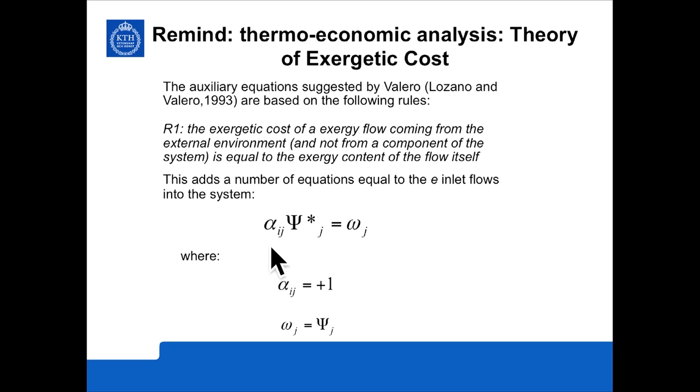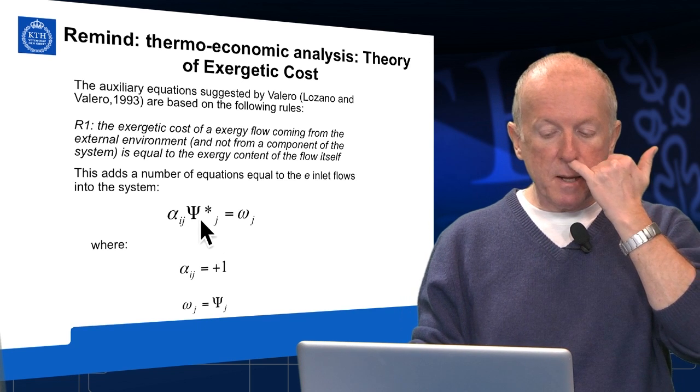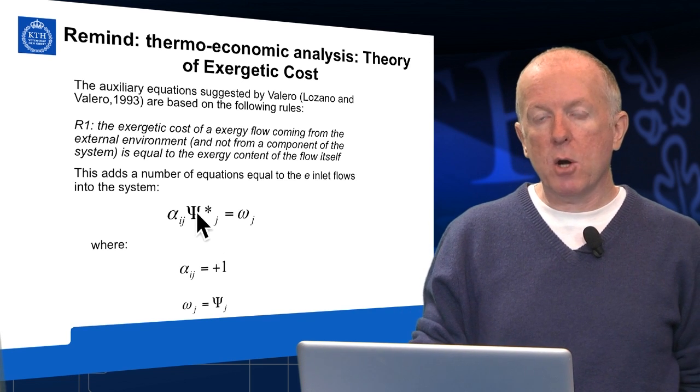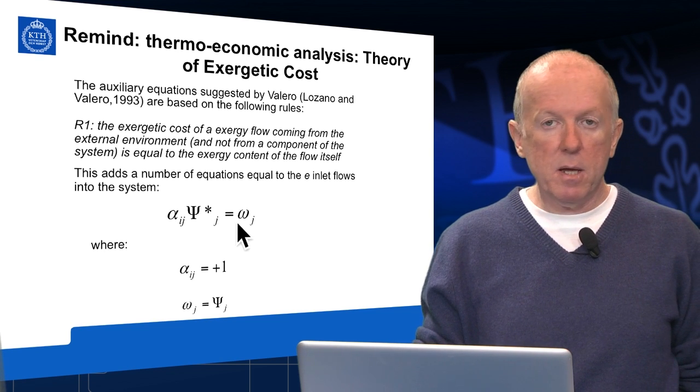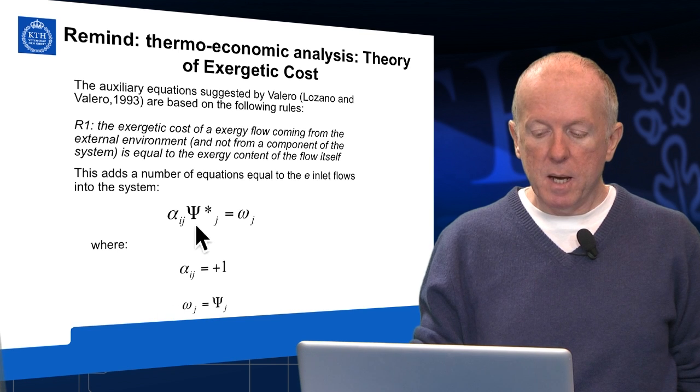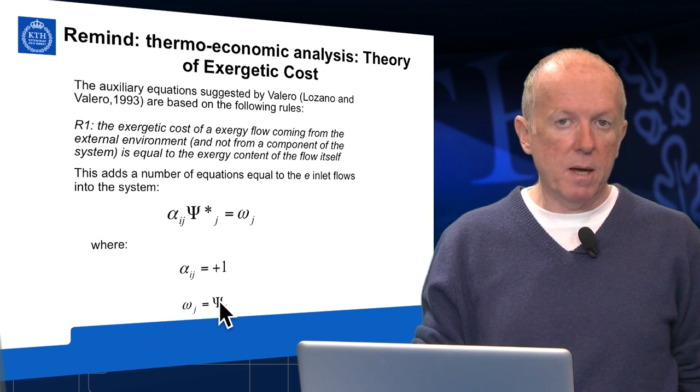In the equation Aij psi star j equal to omega j, Aij is equal to +1 because they are entering, and omega j, you remember, is equal to the exergy flow psi j itself. So what we are writing is that the exergy cost of a flow coming from the external environment is equal to the exergy flow itself: psi star j is equal to psi j.